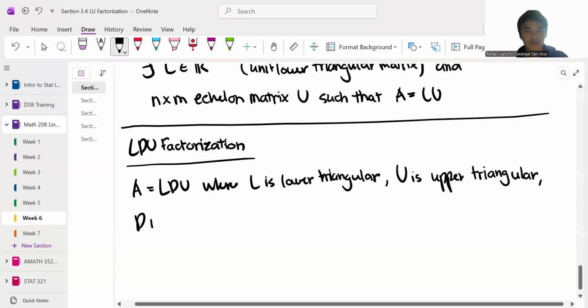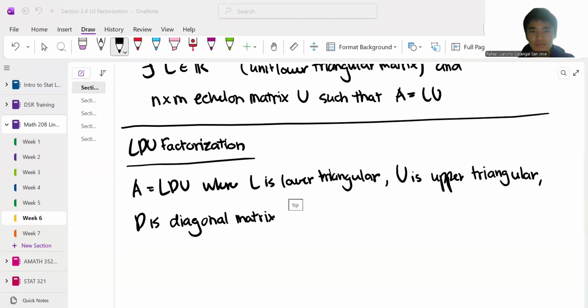But then D is a diagonal matrix. And so to find the LDU, we follow the same procedure in finding LU, and then find D and modify U. Okay? So LDU.